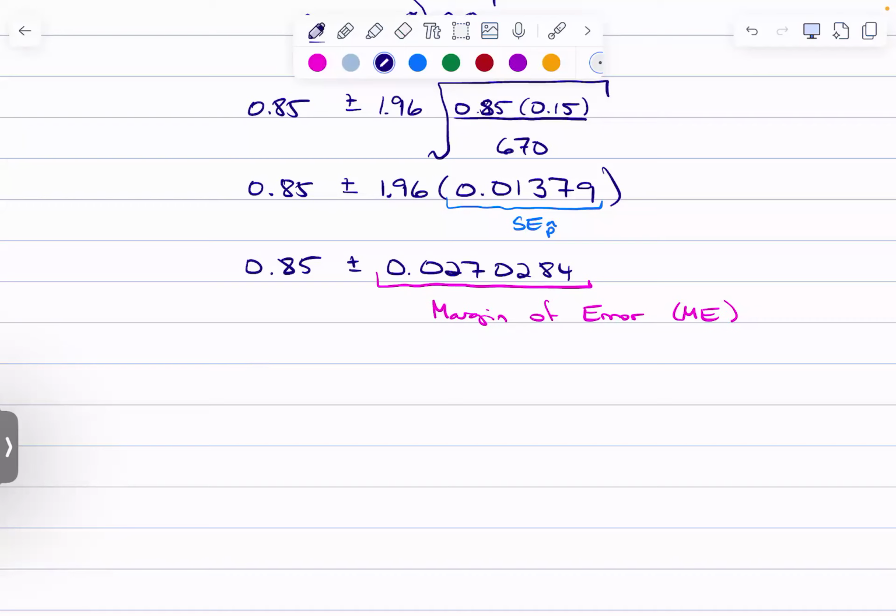And if we build our interval, what if I do 0.85 minus that little guy? I get a lower bound of 0.8229716, up to 0.85 plus 0.0270284, which is 0.8770284.